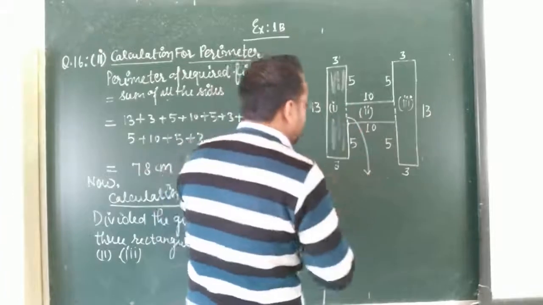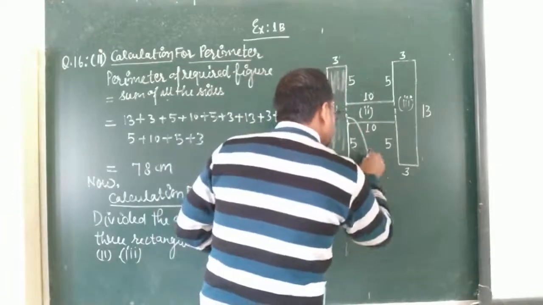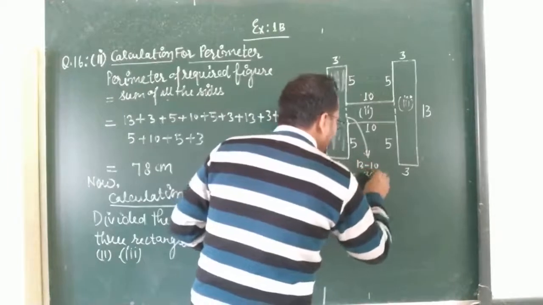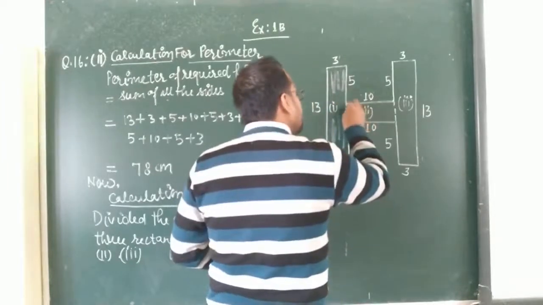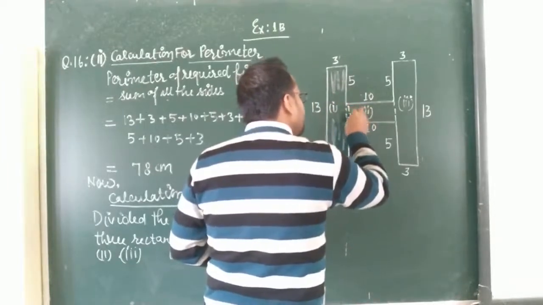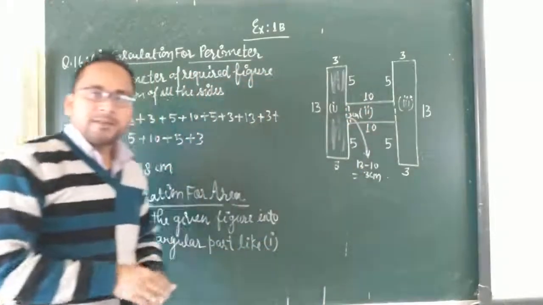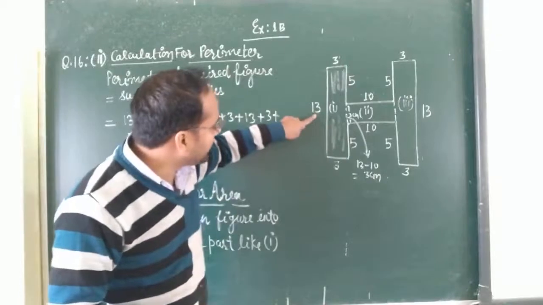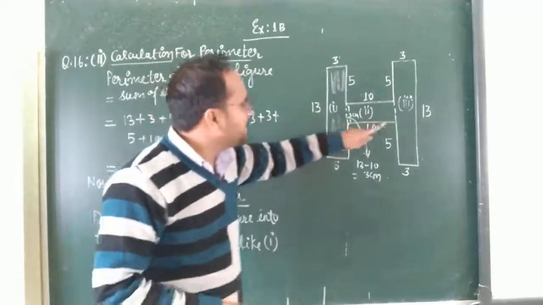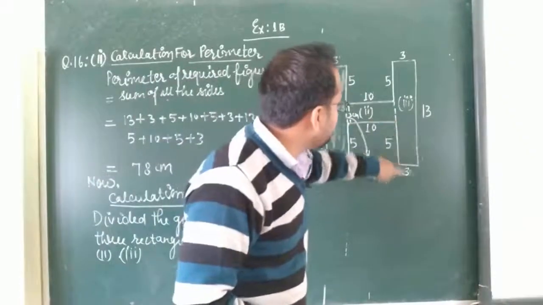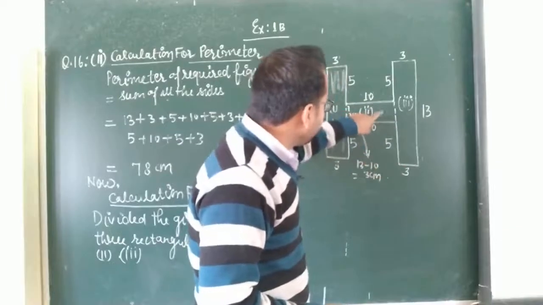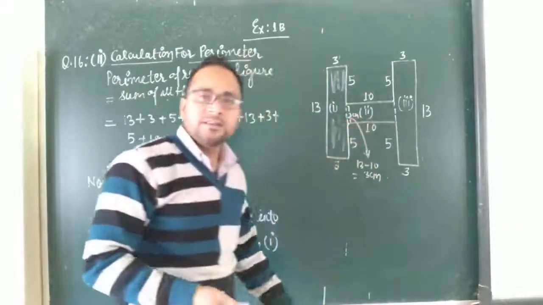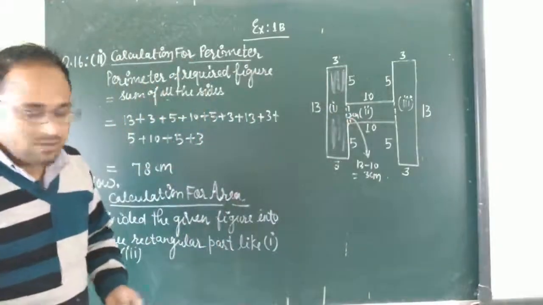The breadth of this part is 3 centimeters. So the length of the first figure is 30 and breadth is 3. The third is also the same, 30 and 3. And this one has length 10 and breadth 3. Now it is very easy to find the area.